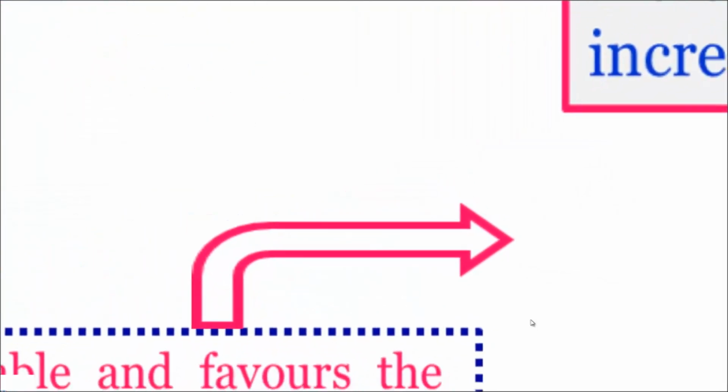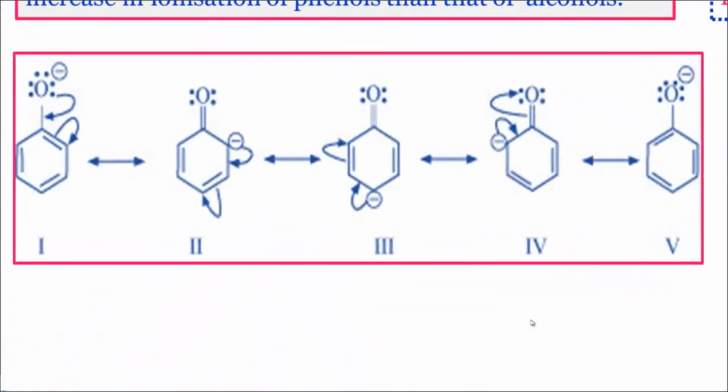So now let's have a look at the resonating structures of the phenoxide ion. Phenoxide ion is formed by the breakage of the OH bond of the phenol. So now there is an increased electron density on the oxygen, which is taken away by the benzene ring.